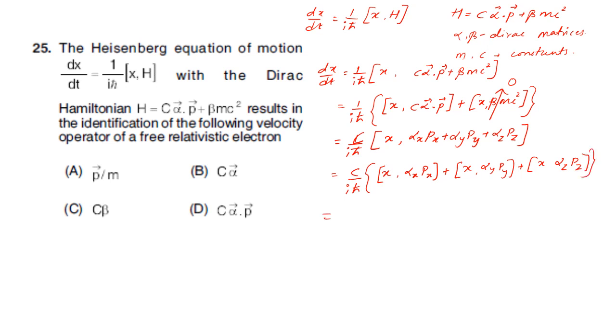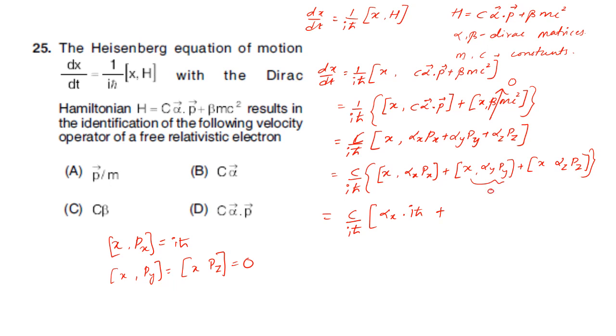As we know, the commutation of x with Px is always i h cross, and x with Py and x with Pz are 0. Therefore, c/(i h cross), here alpha x is constant, [x, Px] is i h cross, plus 0 plus 0. So it is c alpha x. Here dx/dt is c alpha x.